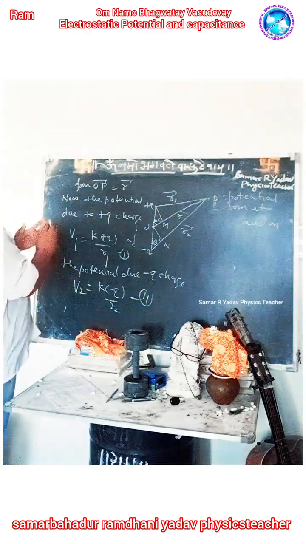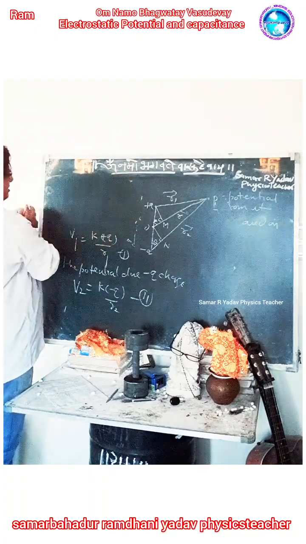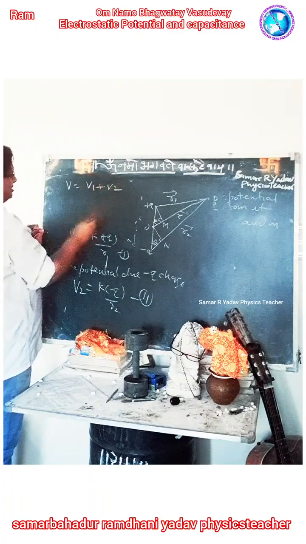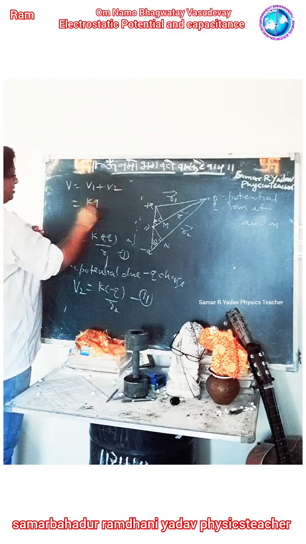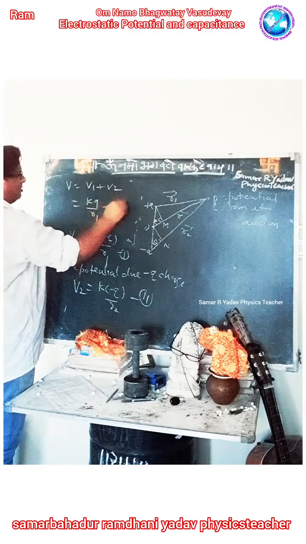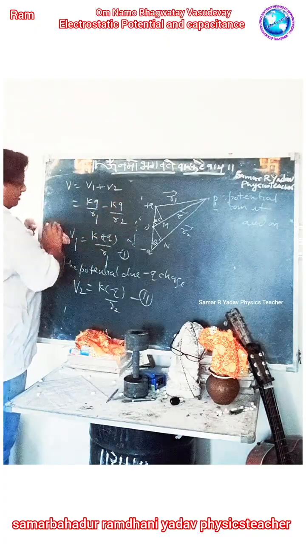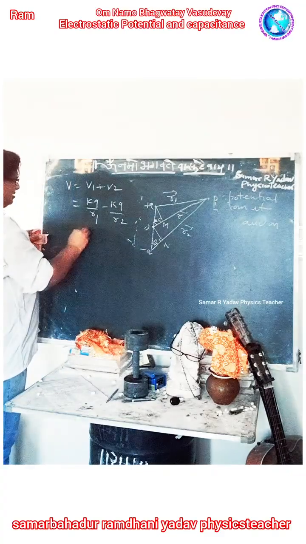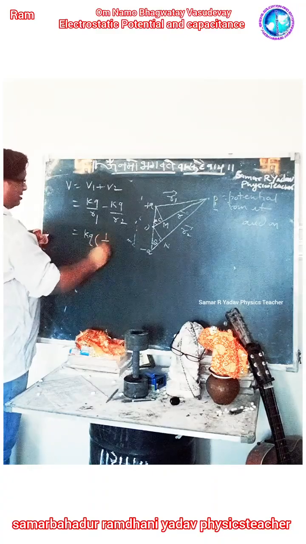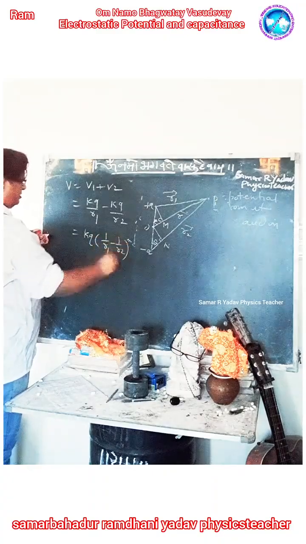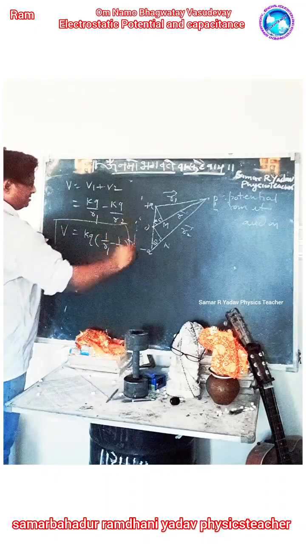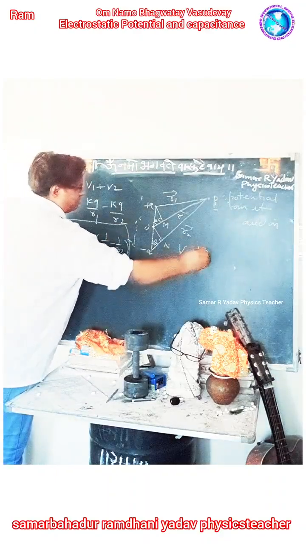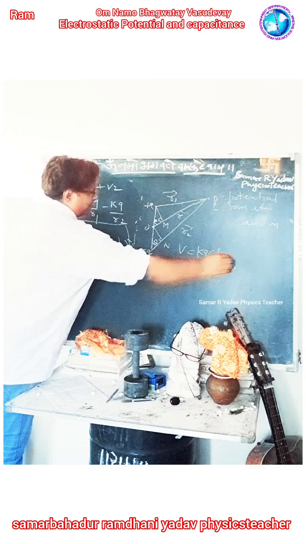Now the total potential V is equal to V1 plus V2, equal to kq upon r1 minus kq upon r2. Taking kq common, we get the first equation: V is equal to kq times 1 upon r1 minus 1 upon r2.